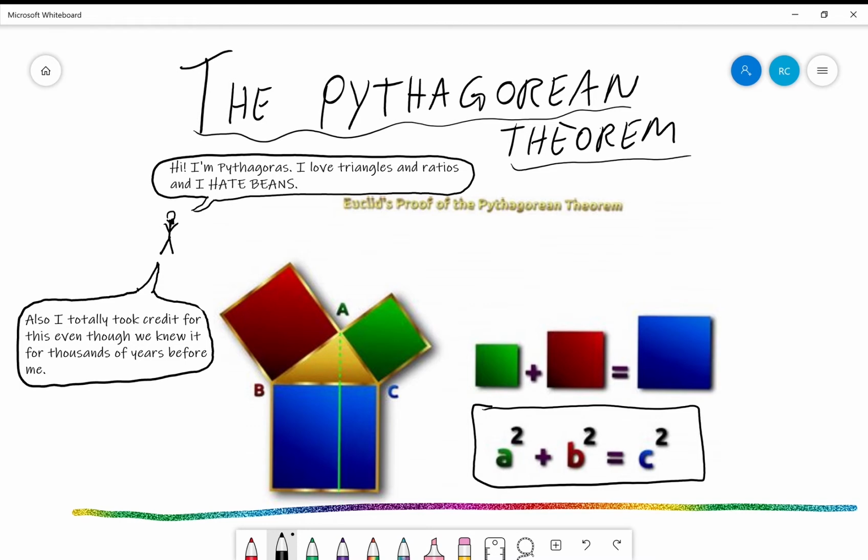So the way I write this theorem is leg squared plus other leg squared equals hypotenuse squared.